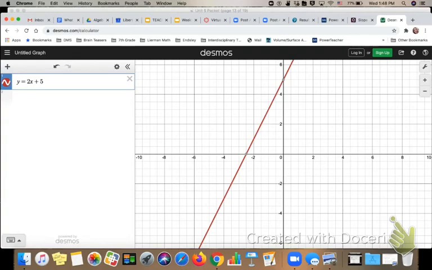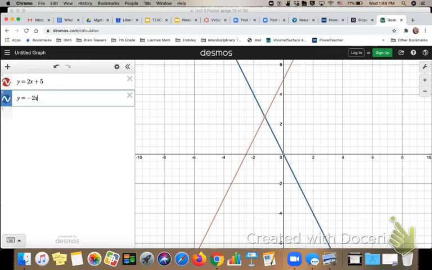And when I enter the second equation, y equals negative 2x plus 5. The only thing that is different on those two equations is the slope. The y-intercept is the same. The slopes are opposite.